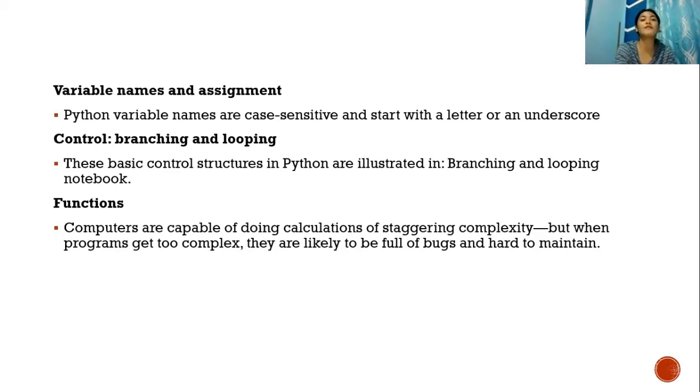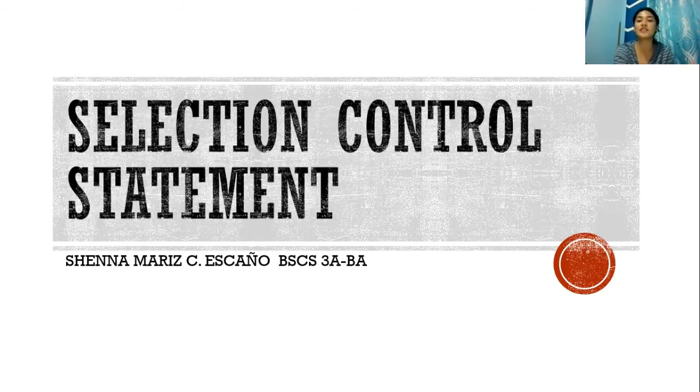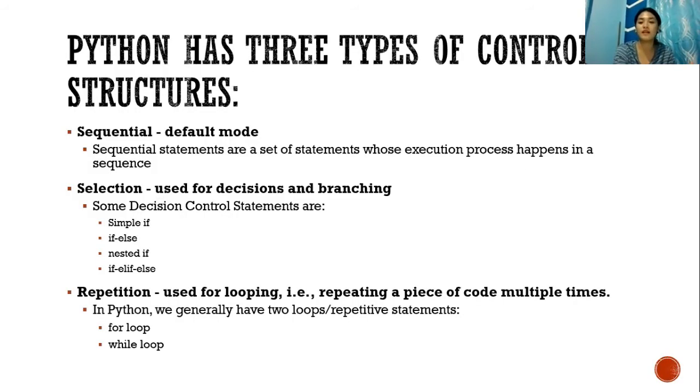So let's proceed. Python has three types of control structures: sequential, the default mode; selection, used for decision and branching; and repetition, used for looping, or repeating a piece of code multiple times.